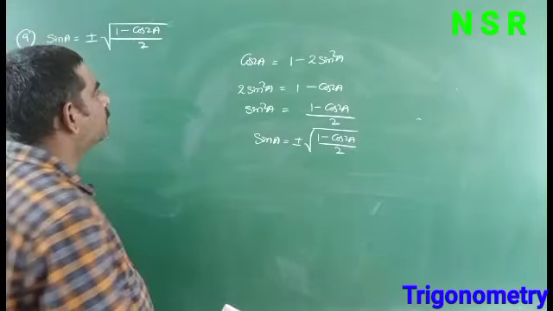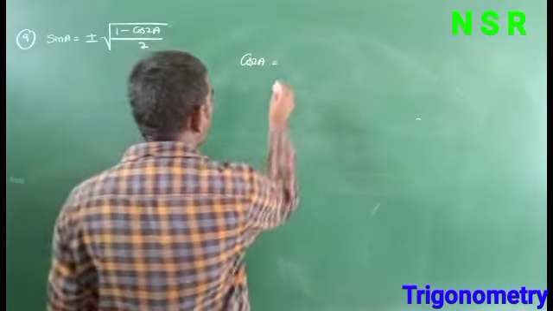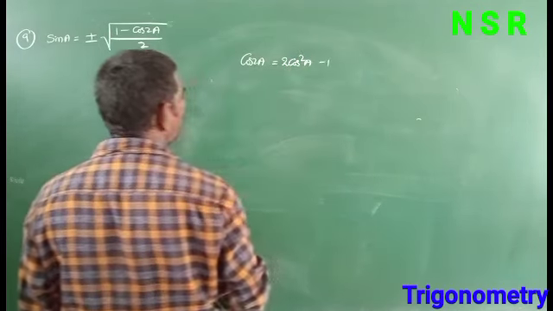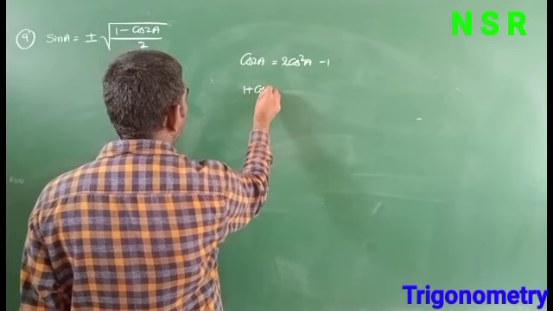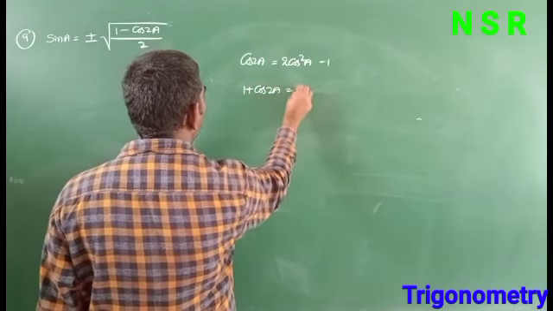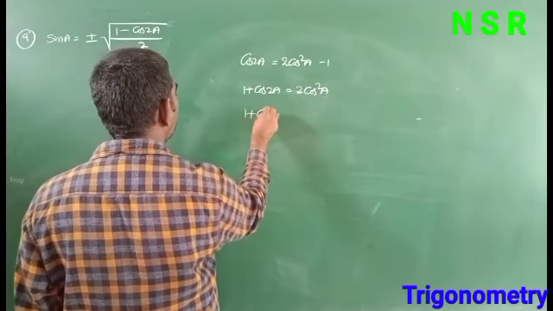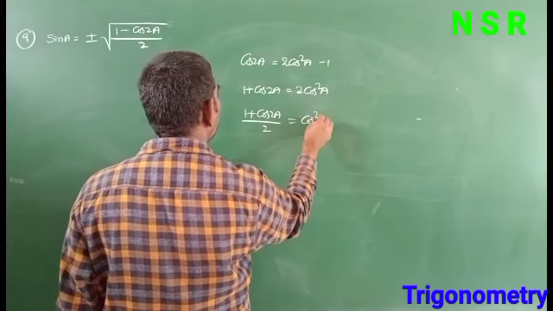So we have the cos 2a formula in cos. Cos 2a in cos is 2 cos square a minus 1. So minus 1, move this side, we get plus 1: 1 plus cos 2a equal to 2 cos square a. Now 2, move this side: 1 plus cos 2a by 2 equal to cos square a.